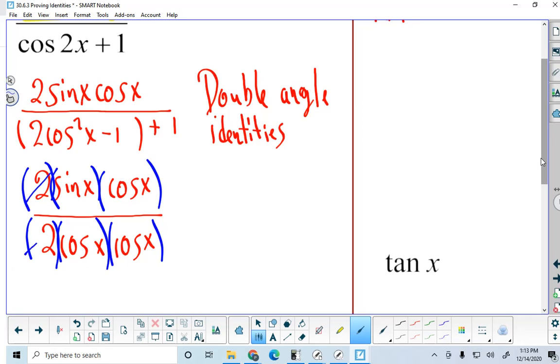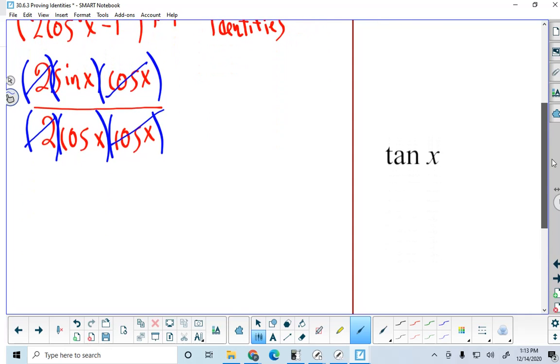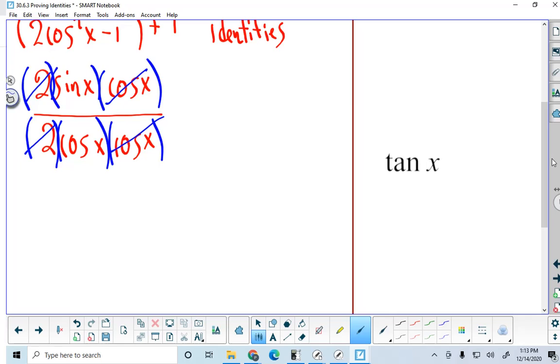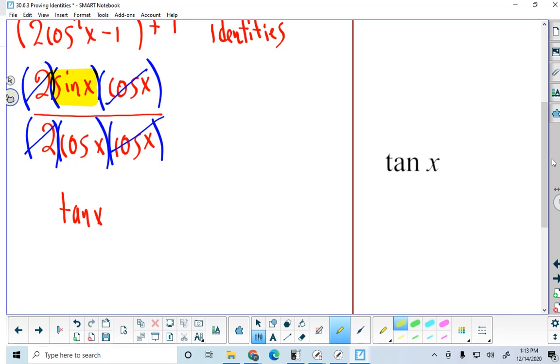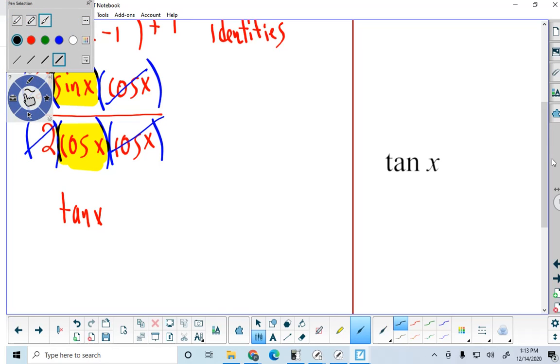You can cancel this, you can cancel this, and we're left with sine of x over cos of x, which is tan of x. So we are left with this, which is tan of x. And then we can say left side equals right side.